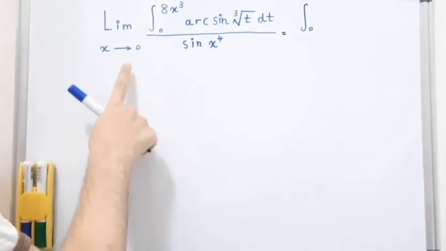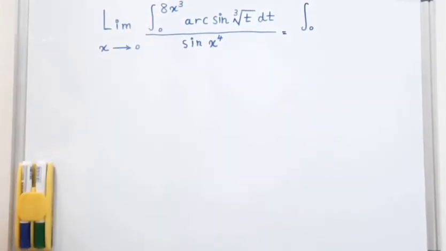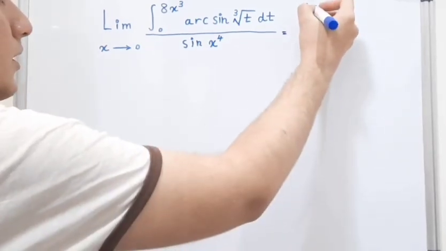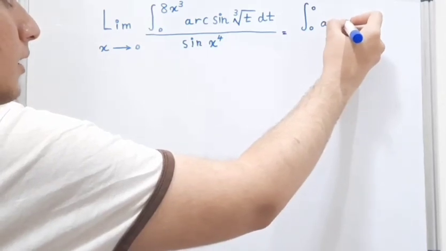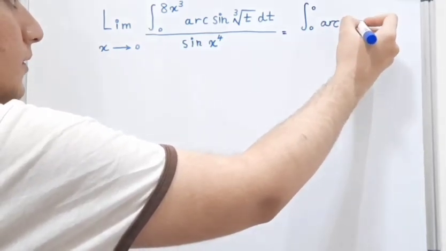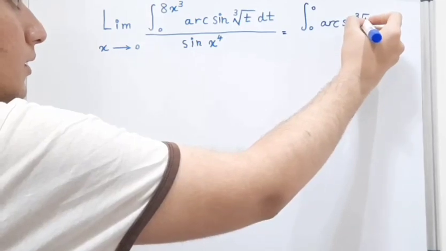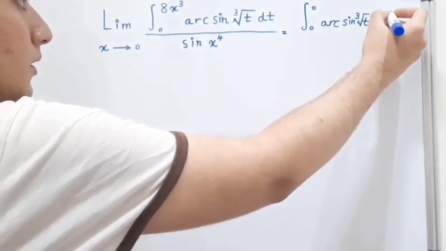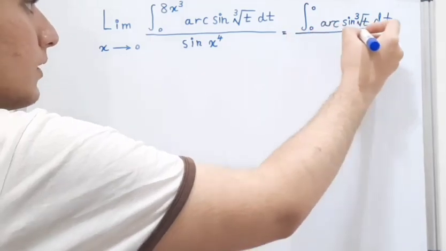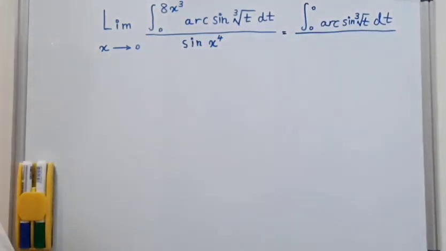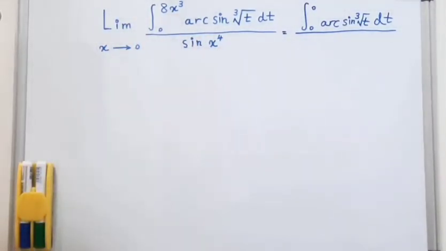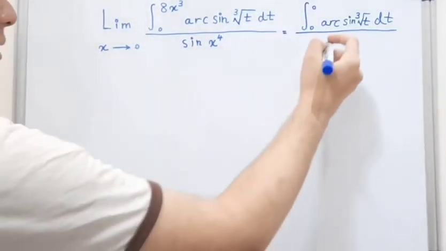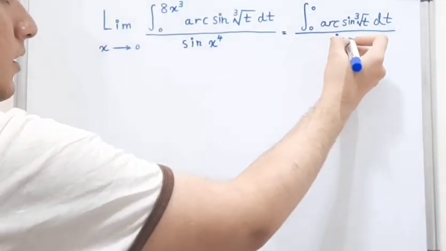Integral from 0 to 8 multiplied by 0 to the power 3, which is again 0, of inverse sine root 3 t dt, divided by sine 0 to the power 4. 0 to the power 4 is again 0, and we reach sine 0.